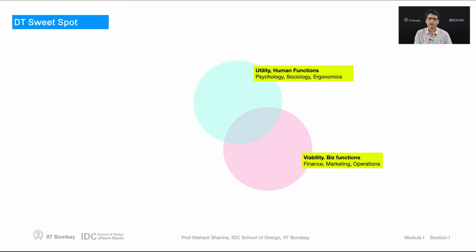We must also have viability or business functions, which are finance, marketing, operations, etc. And then we should also look at feasibility or tech functions, which are essentially engineering, programming, material science, etc. Design thinking operates in a sweet spot. This methodology enables us to have perfect harmony of human functions, tech factors, and business functions.